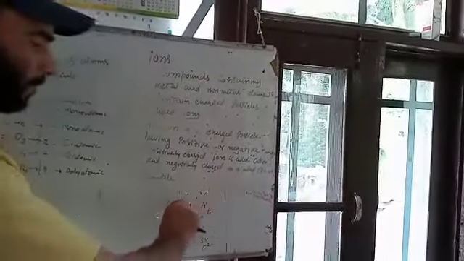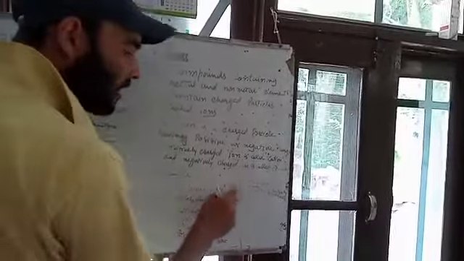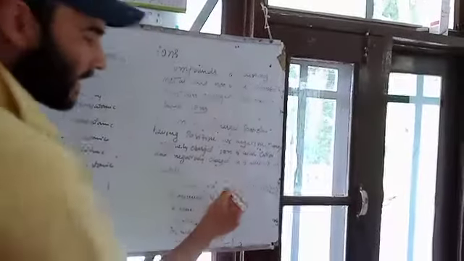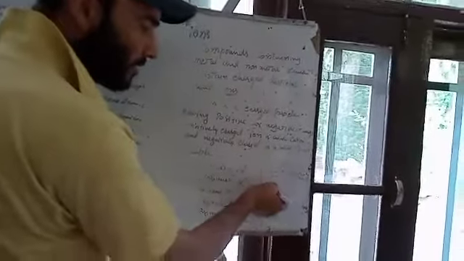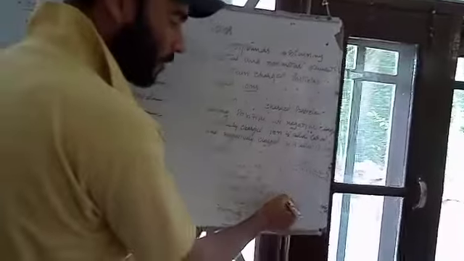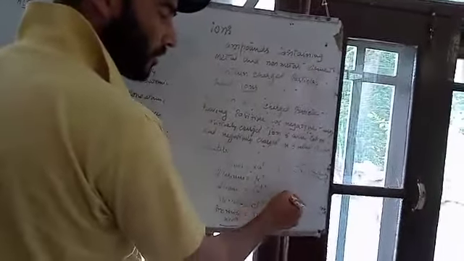For example, sodium having one positive charge indicates that it has a valency of 1. Calcium having 2 positive charges means it has a valency of 2. That means combining capacity, it can combine with 2 elements.